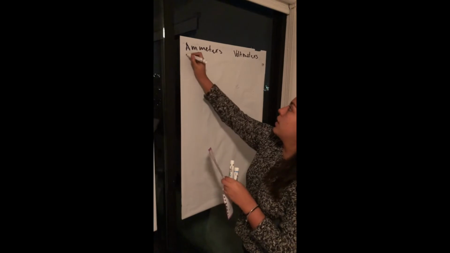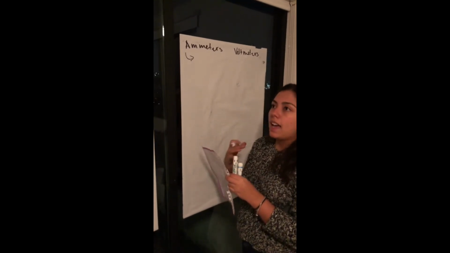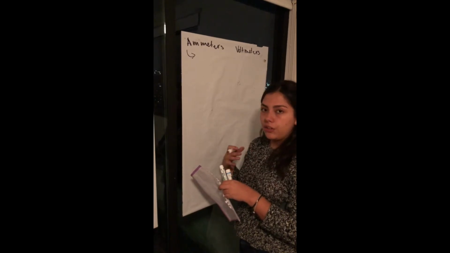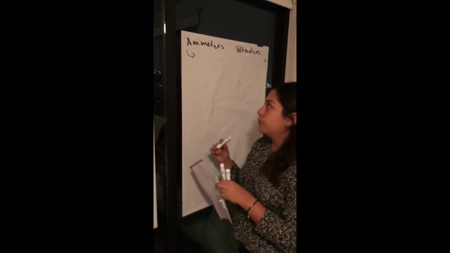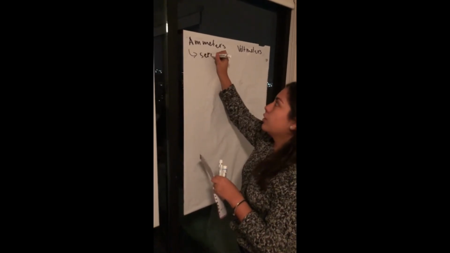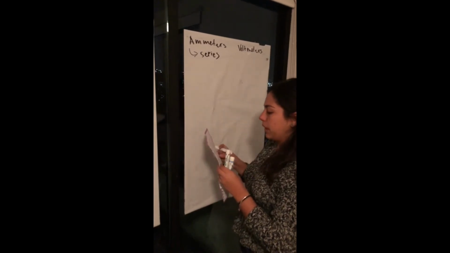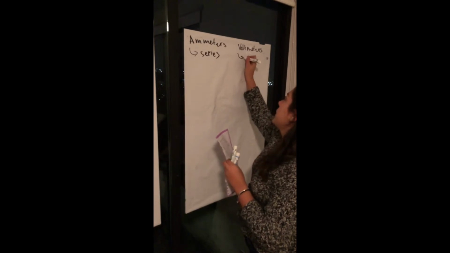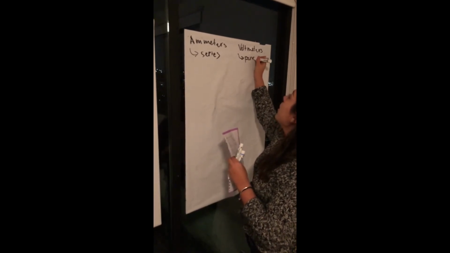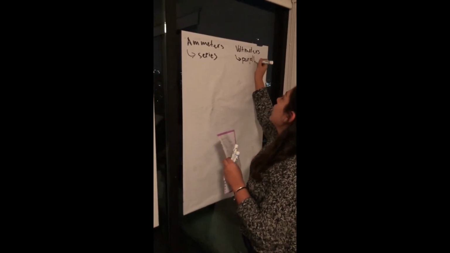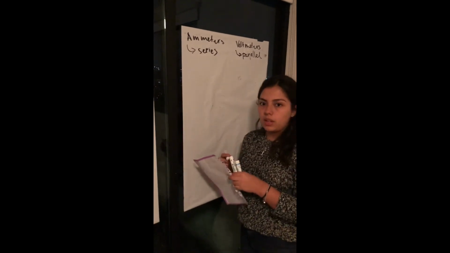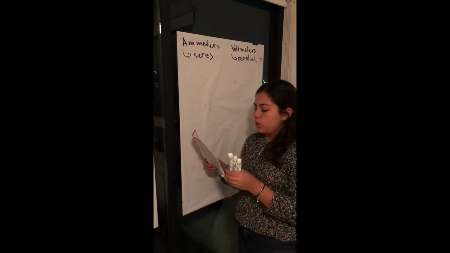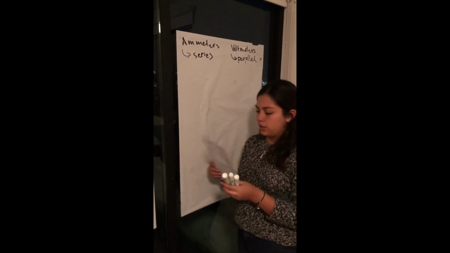This is a device that has to be placed in series in order to not affect the current value. It measures current, and this one has to be in parallel in order not to measure it with the circuit, and that's what I talked about in the last video. So ammeter in series, voltmeter in parallel, that's it.